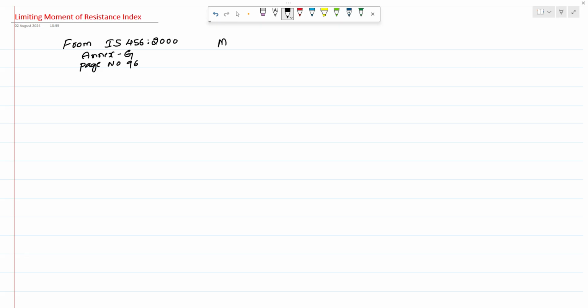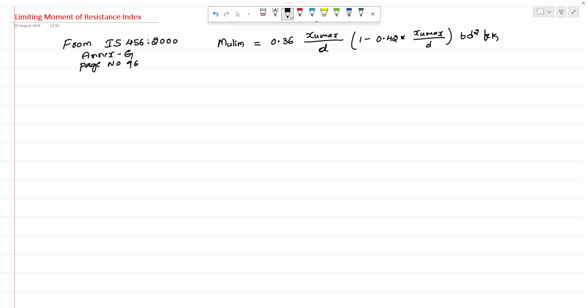So the equation is Mu limit equals 0.36 xu max divided by d into 1 minus 0.42 into again xu max divided by d, into bd square fck.